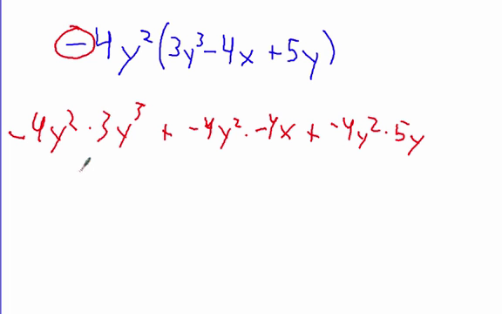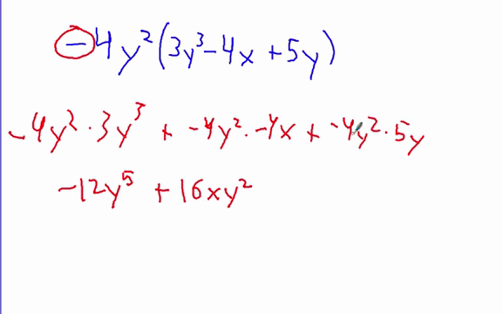Negative 4 times positive 3 is negative 12. y squared times y cubed is y to the 5th power. Over here, negative 4 times negative 4 is positive 16. And now we have y squared and x. Because we don't have like bases, they can't be combined. This is just 16xy squared.